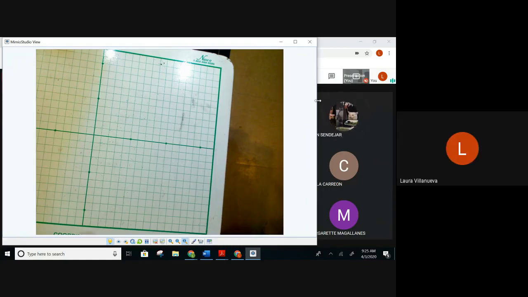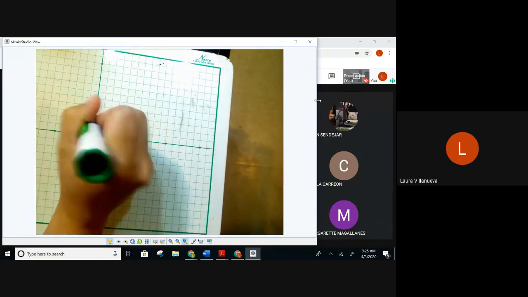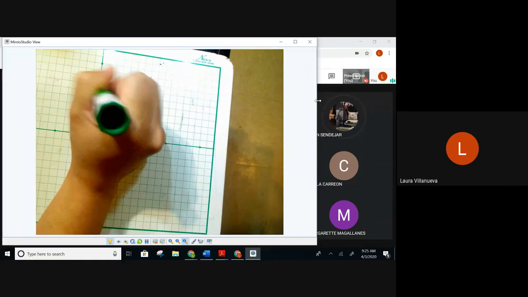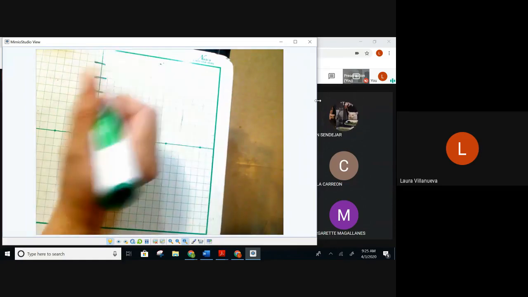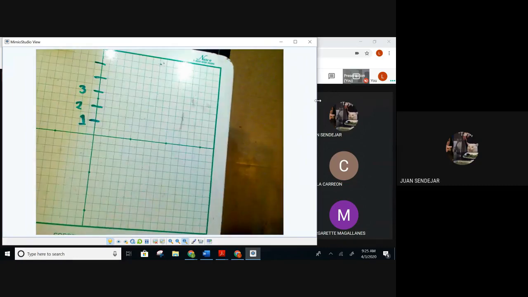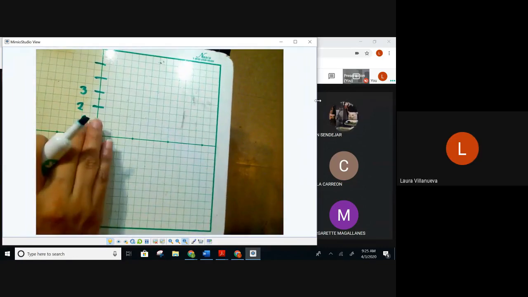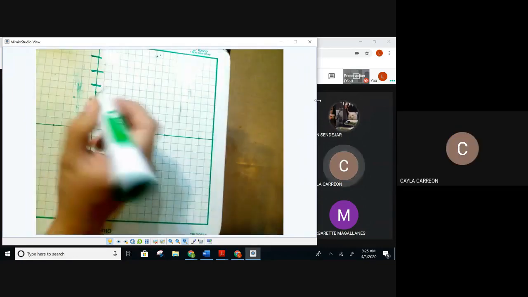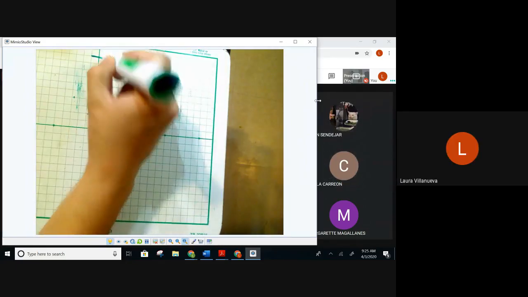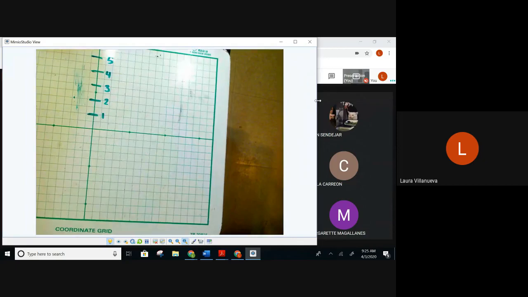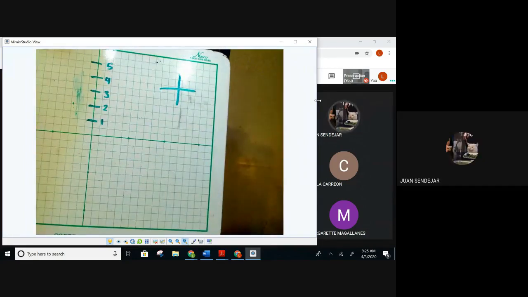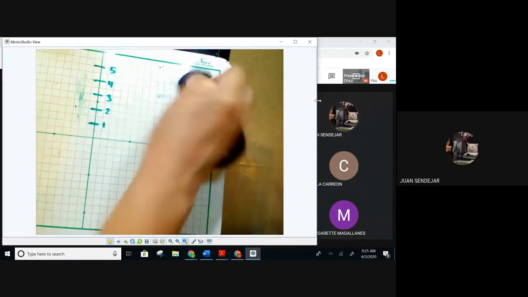So let's say I give you, I'm going to go by ones, but every 2 lines is going to be 1, so every line is actually half. Should we do the graph on our paper? As legible as you can. You can just do a coordinate plane. You don't have to do a grid.